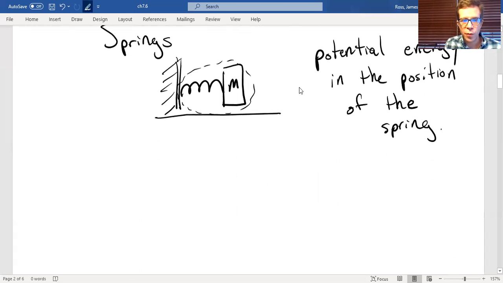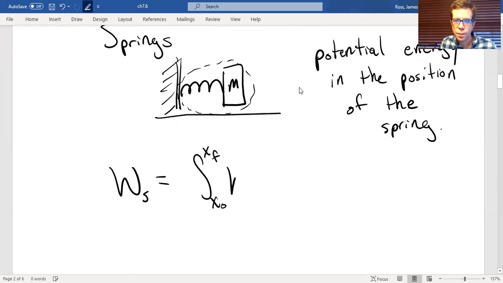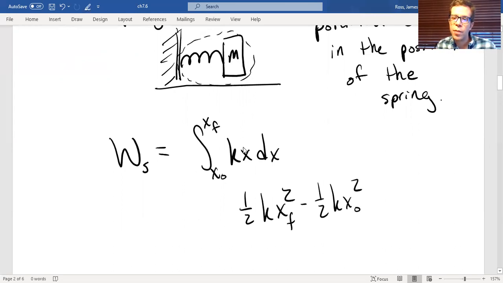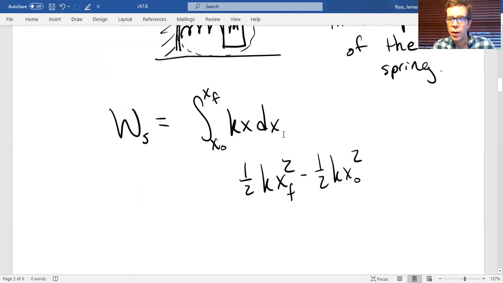We've calculated this before. The work done by the spring force between an initial and final x is one half k x final squared minus 1/2 k x initial squared.